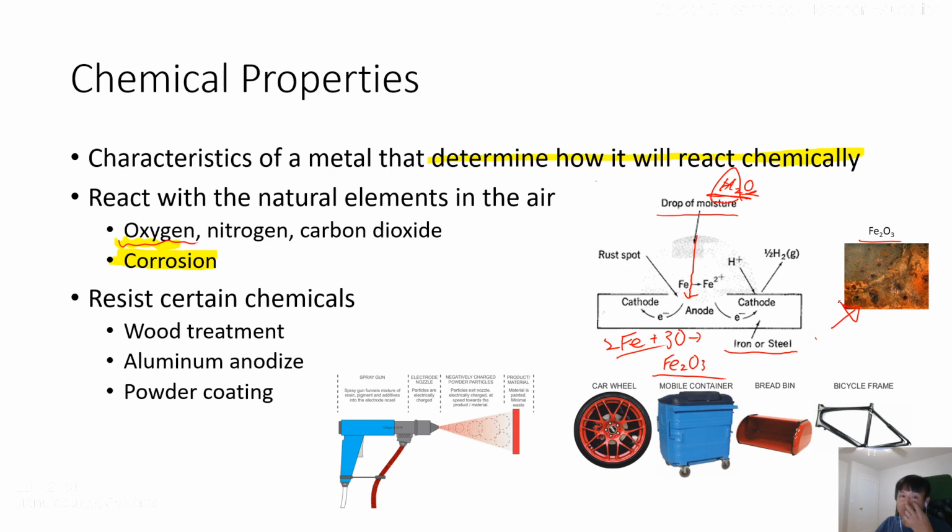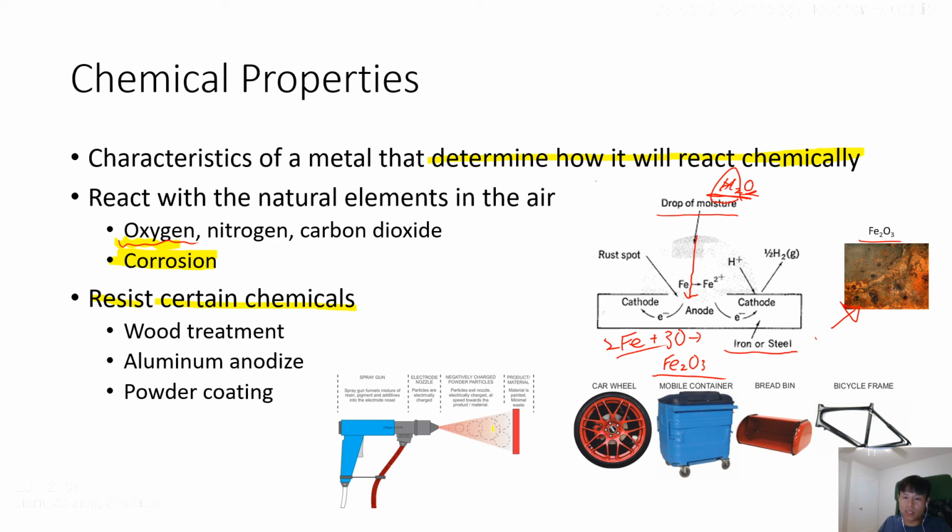So that's why metal or iron becomes corroded, right? But sometimes we use a different method to prevent corrosion, such as resisting a certain chemical.